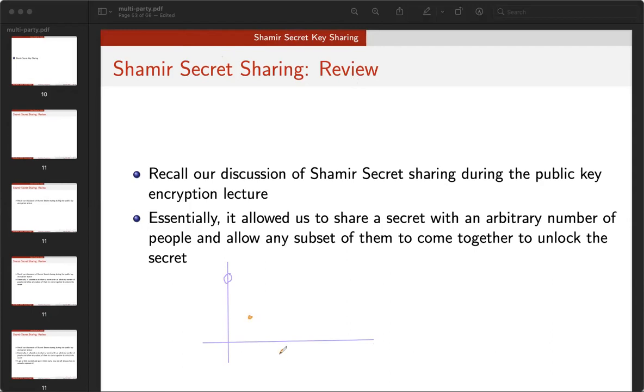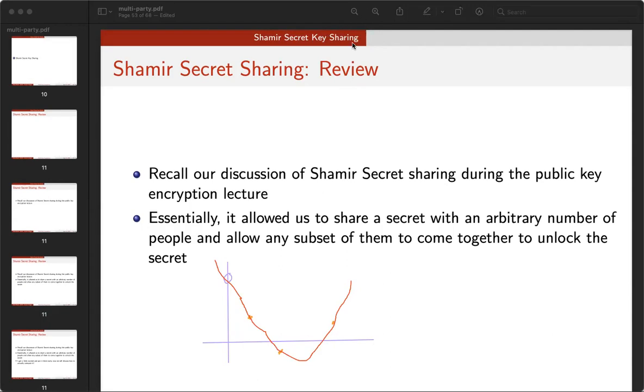And if these 3 people got together, they could compute the equation and then understand the y-intercept of this parabola, which then would allow them to come together and unlock the secret.